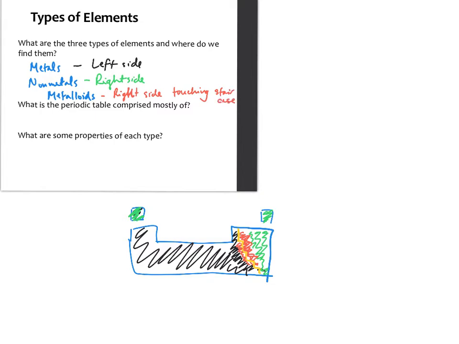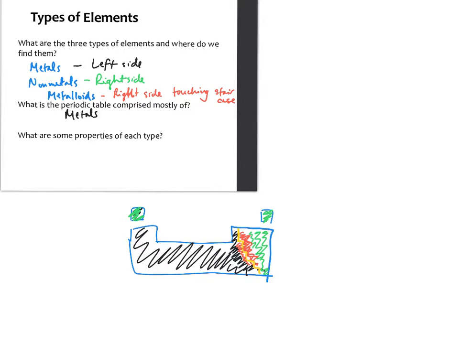Okay. Based on this coloration, you can tell what the periodic table is comprised mostly of, and that's metals. The majority of all the elements here are metals.